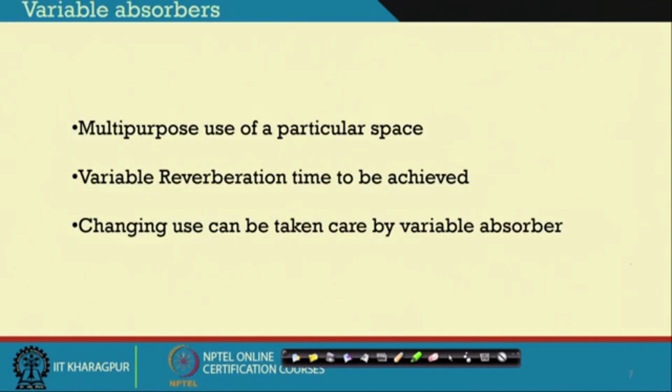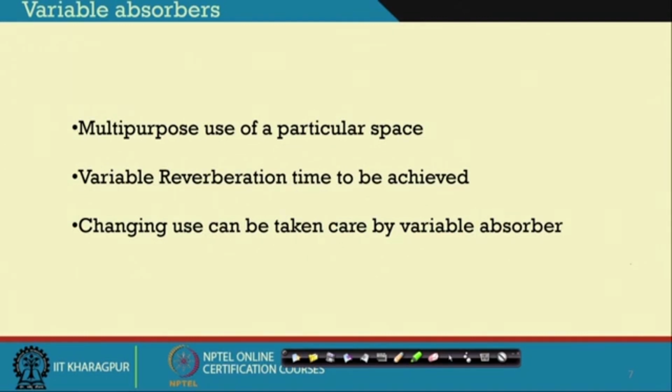Now, coming to the variable absorbers. It is not always possible for us to create a specific environment for specific purposes, particularly when the spaces are big. Say in a school we can have a multipurpose hall where different kinds of performance can take place.